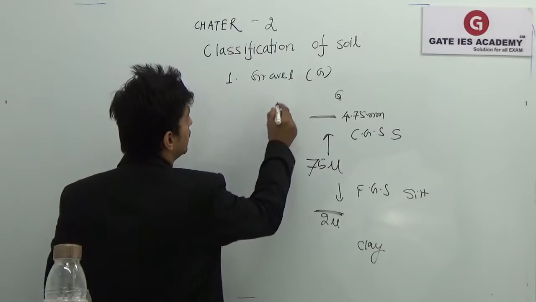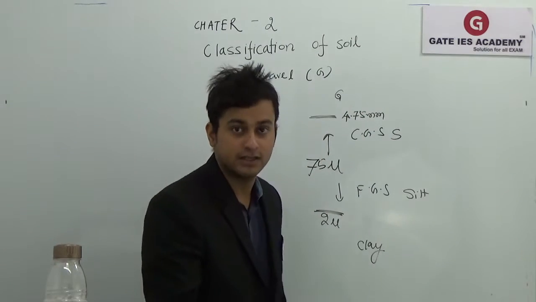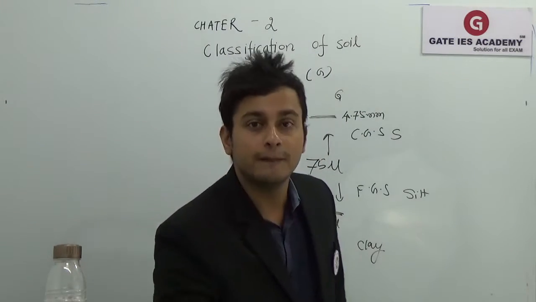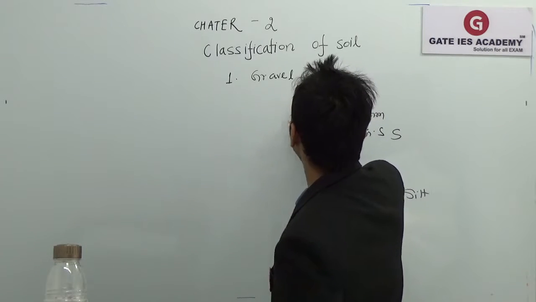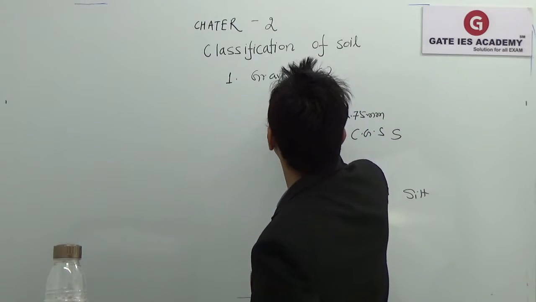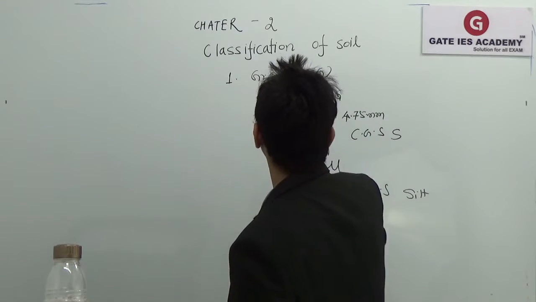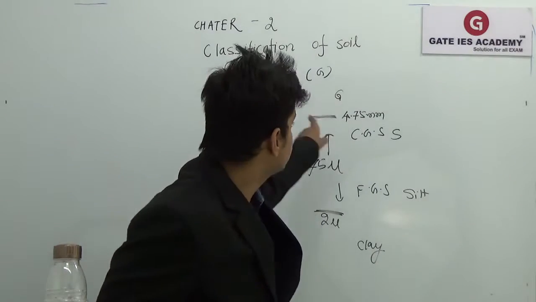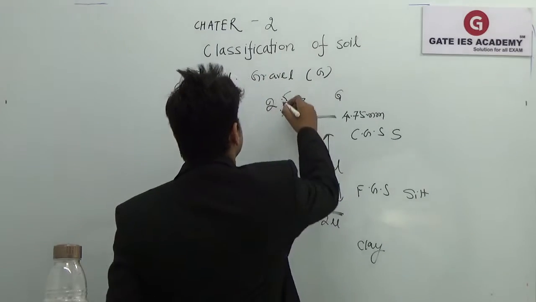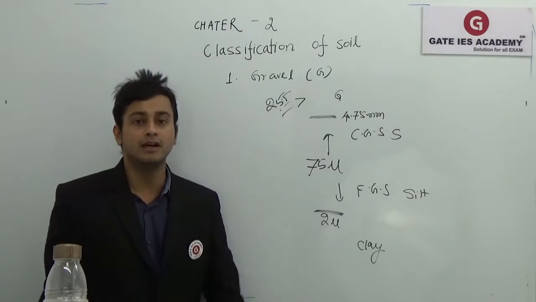So if it is greater than 50% of 51%, that is 25.5% of the total, then it will be gravel. And if it is less than 25.5% of the total, then it will be a sand.